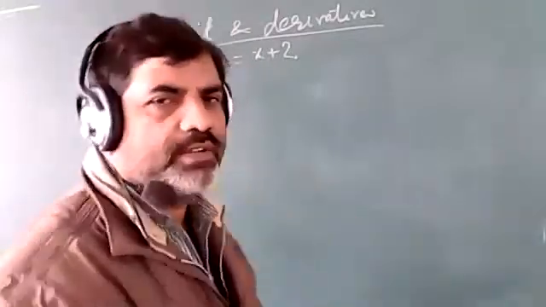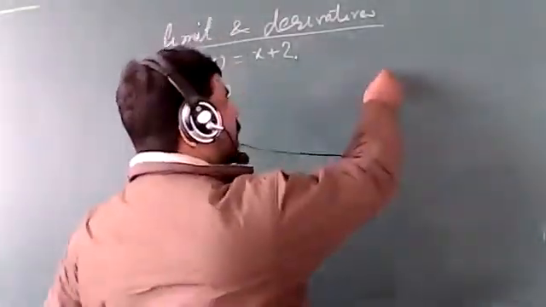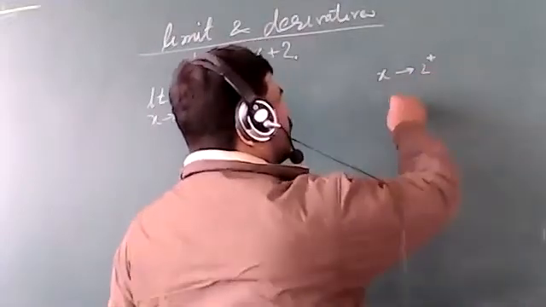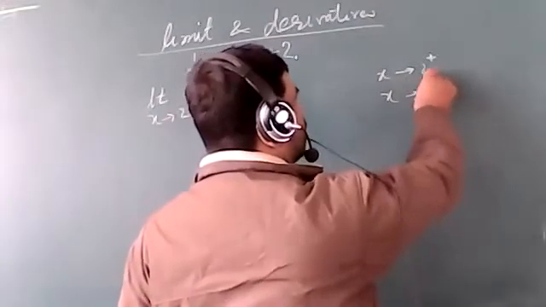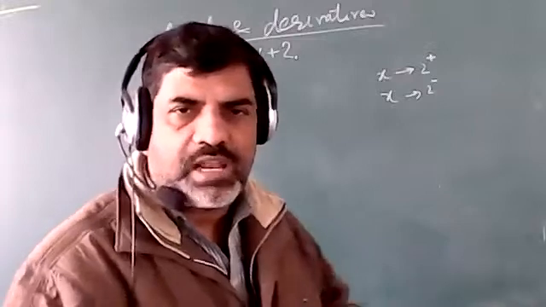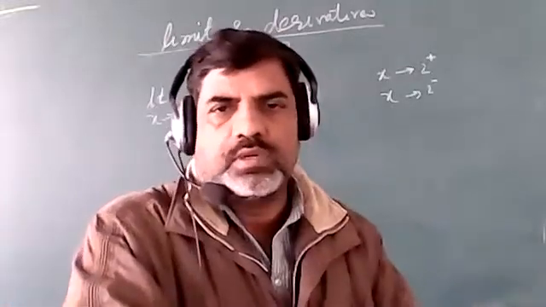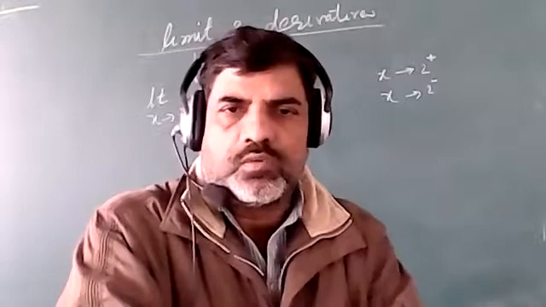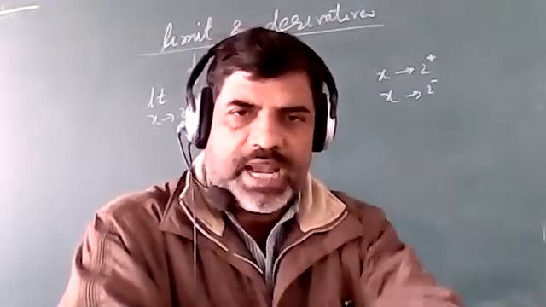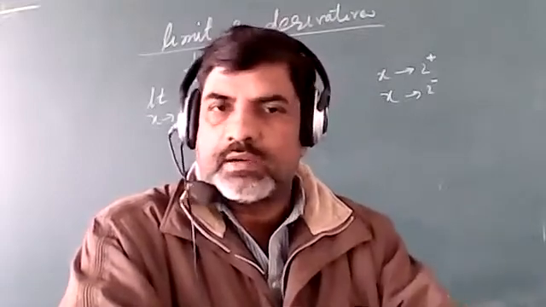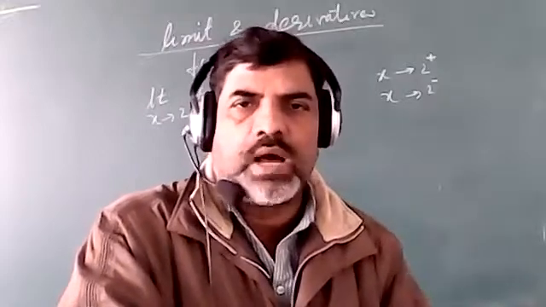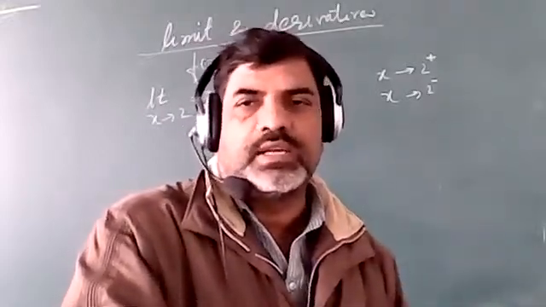It can approach towards 2 from two sides, either from right or from left. Approaching from right means the value is slightly more than 2, that is 2.1, 2.01, 2.001. Initially it was more than 2 and it is decreasing to approach 2.